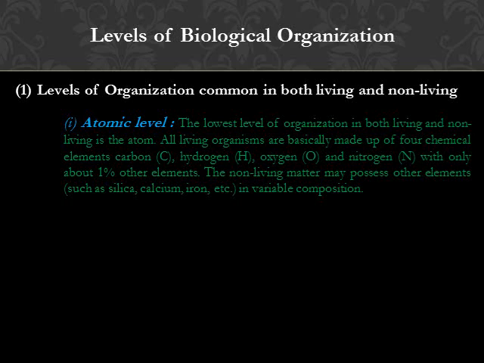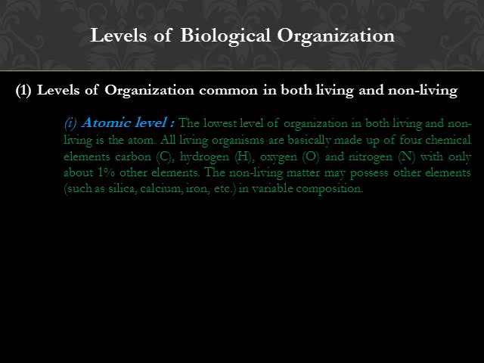Matlab 99% those four, carbon, hydrogen, oxygen and nitrogen, and the rest are only 1%. But if I say about non-living matter, they possess other elements in large quantity such as silica, calcium, iron, etc. in a variety of composition.